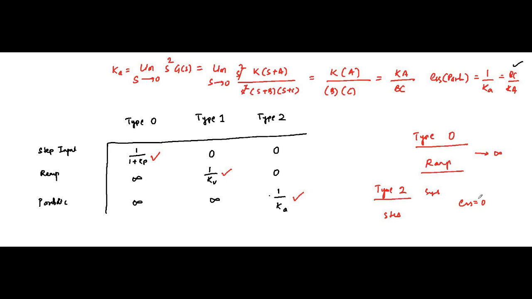This approach is only applicable for objective type questions, MCQ type questions. There you need to save time, you don't need to unnecessarily do a lot of calculations. You can quickly figure out from the options given, and just by drawing the table and comparing the type and the input, you can quickly get the result.